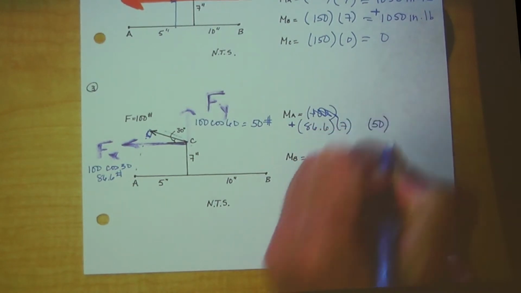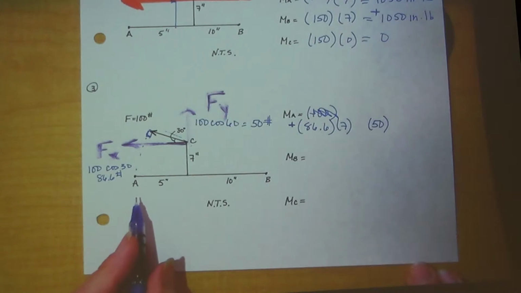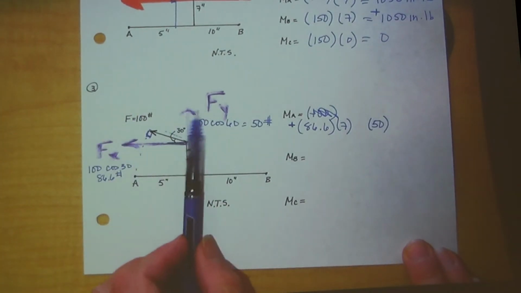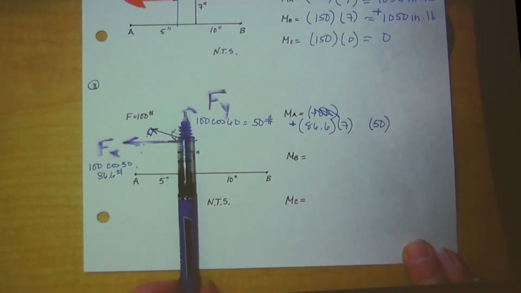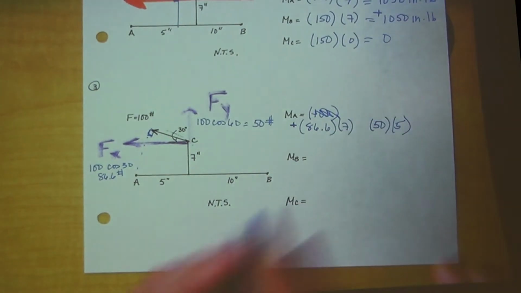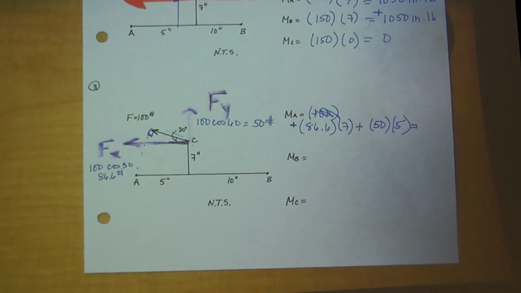It's 50 times, what's the perpendicular distance to A still, Isadora? Here's the force. And what's the perpendicular distance to A? 5. And is it positive or negative? Positive. And it comes out to be 856.2.